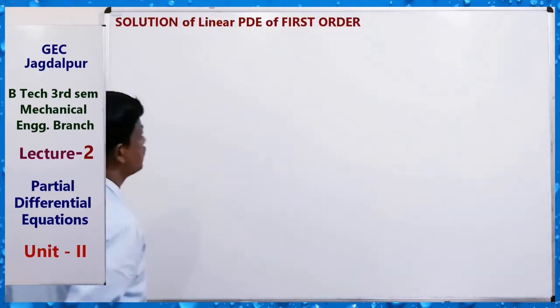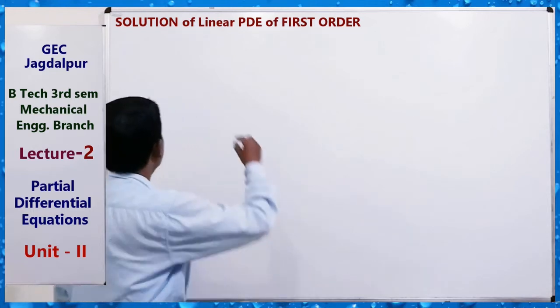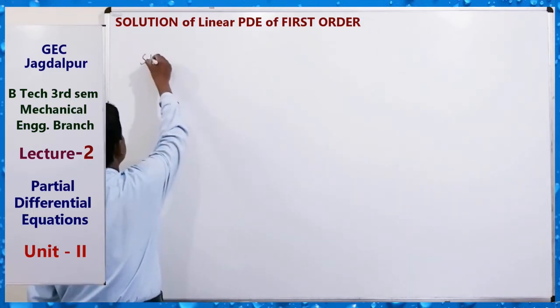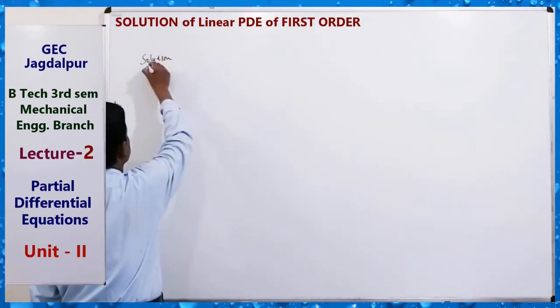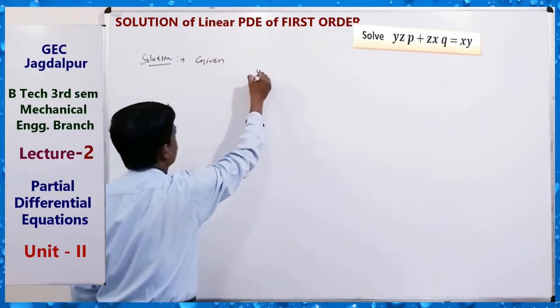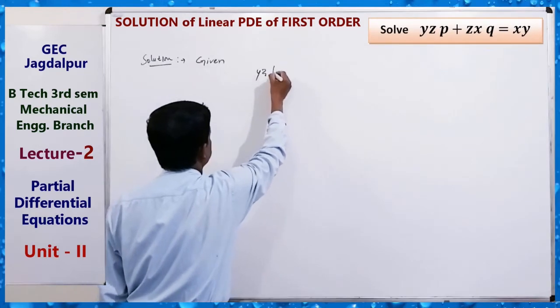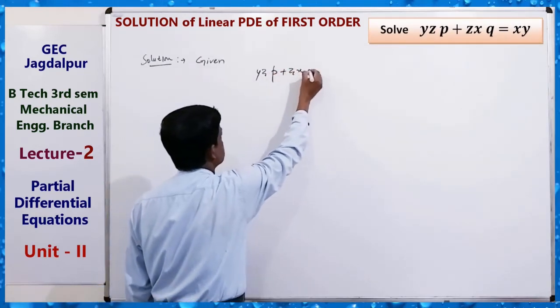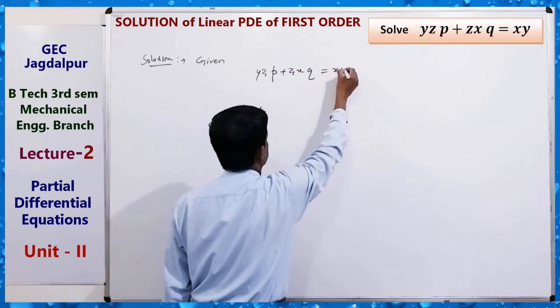Okay, so take a simple question: solve yzp plus zx cubed q equals xy.